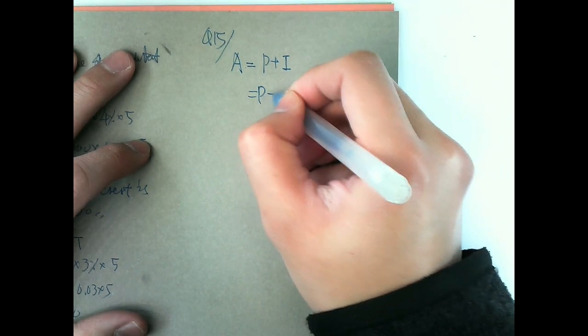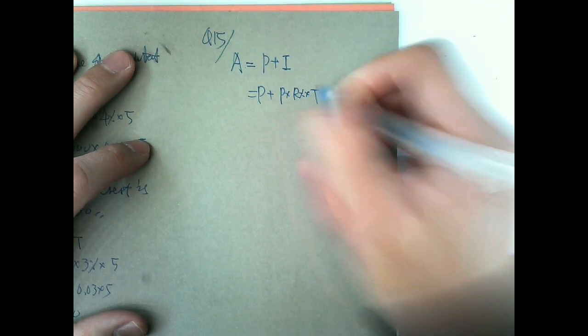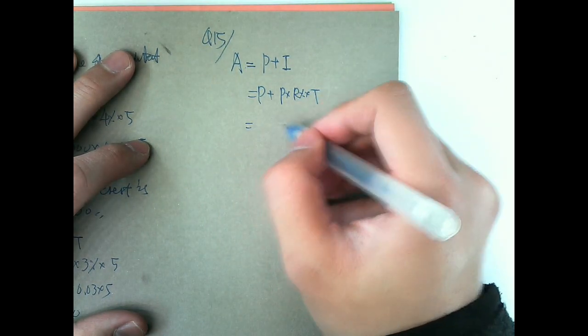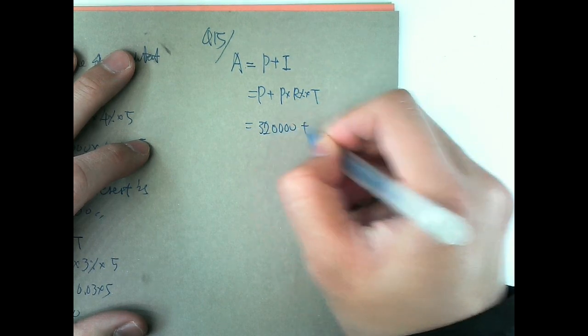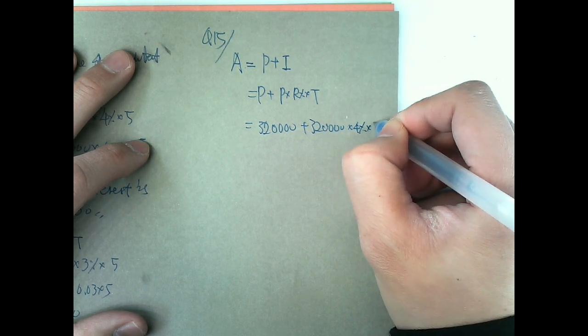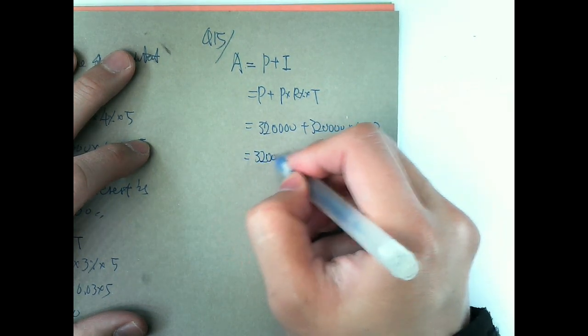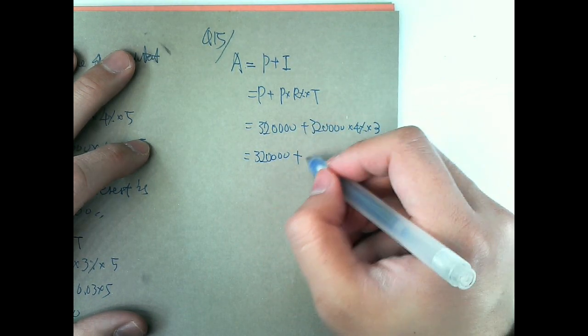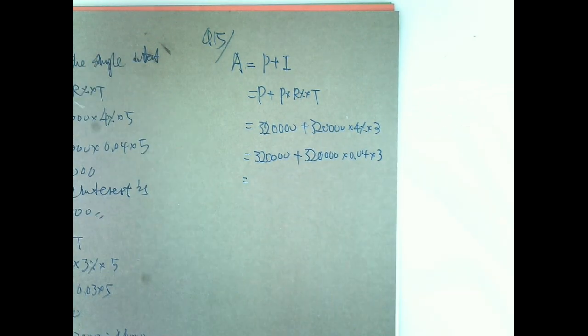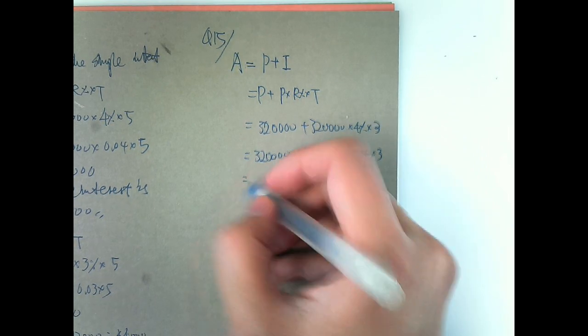No. Then you extend this into P times R% times T, understand? So again, 320,000 plus 320,000 times R% is 4% times 3, understand? So be very careful. Okay. Go to your calculator. So this is the result.